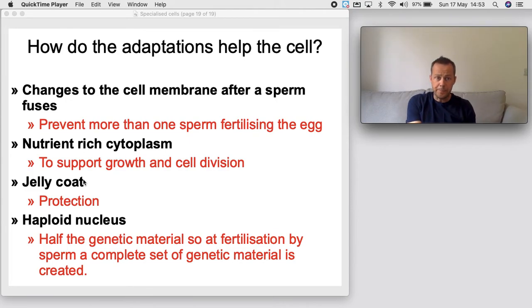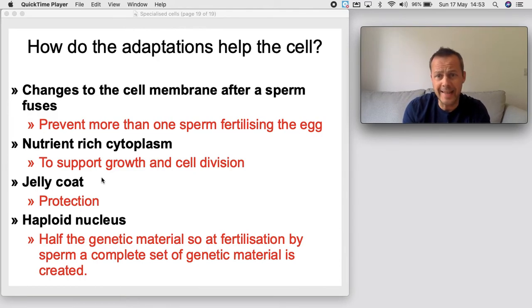As well as that, there's a nutrient-rich cytoplasm. So the cytoplasm is full of nutrients, and this will allow for the cell to grow and divide and continue until it starts to get fed as it's developed further as a zygote. There is a jelly coat around the outside of the cell membrane.